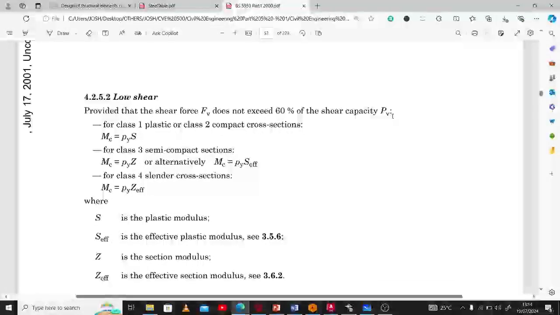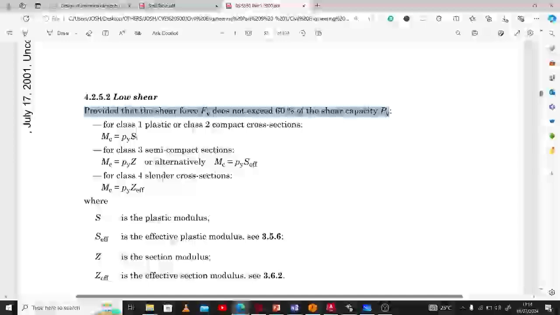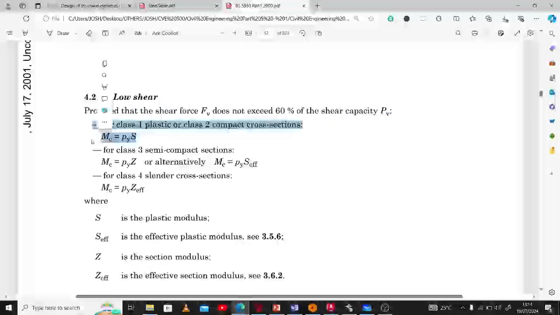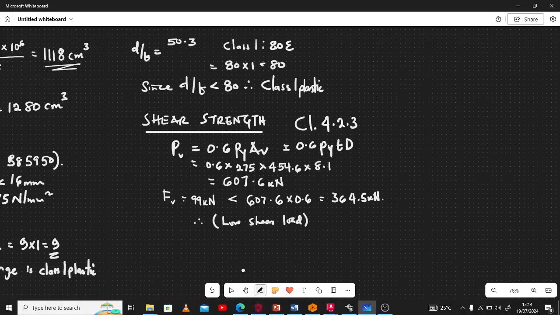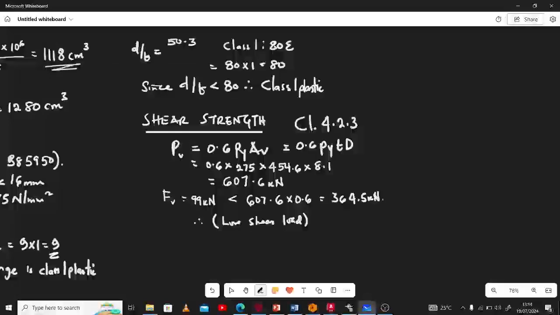So if this is satisfied, it is exactly a low shear load. And because our web and flange are class 1 plastic, we are staying with this formula that says Mc equals py Sx. So going back to design for the moment capacity now, or bending moment, whatever you want to call it. Let me just call it bending moment.